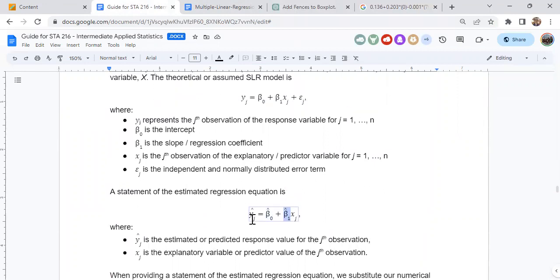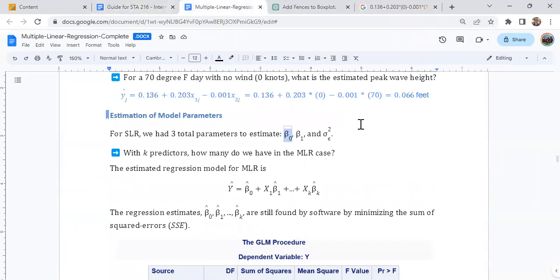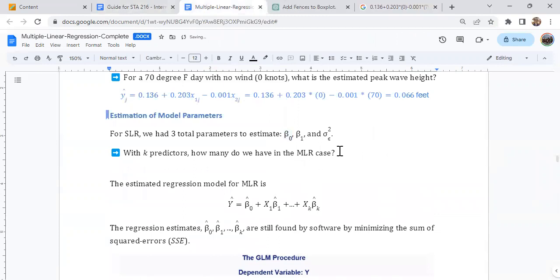And actually, it's not super evident from the regression equation, but we also end up estimating the variance of the residuals. That's involved in the estimation process. So we had 3 total parameters that we were estimating for simple linear regression, which is always the same. For any simple linear regression problem, it's always 3 parameters.